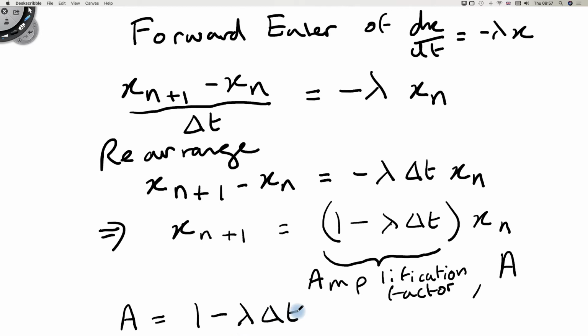You may have probably derived something similar last year, but I'm bringing you back to this just to emphasize the important points of this derivation that we're going to then apply to other cases.